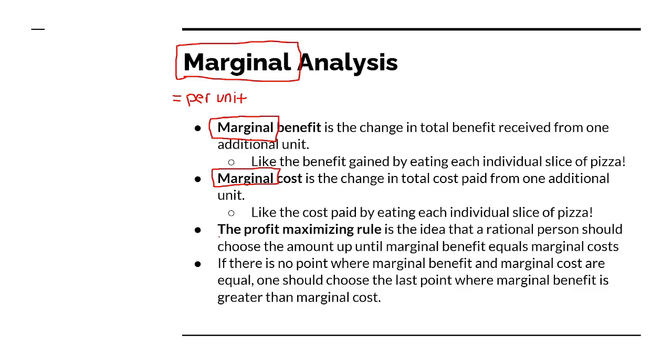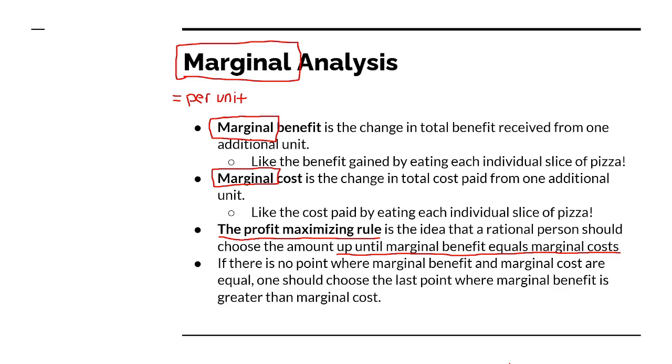Also, this term here, which we were talking about just a moment ago, the profit maximizing rule, is, like I said, what we were just talking about, the idea that the rational person would choose to consume a resource up until the point that the marginal benefit equals the marginal cost. So keeping that all you can eat pizza buffet example in mind, each slice of pizza that you eat has a marginal benefit and a marginal cost.